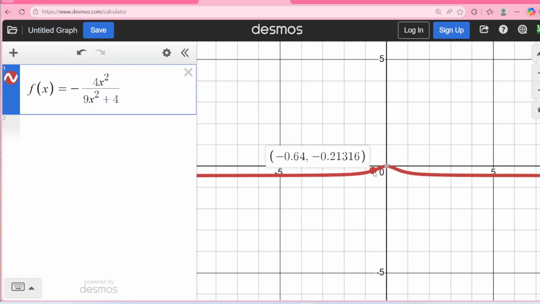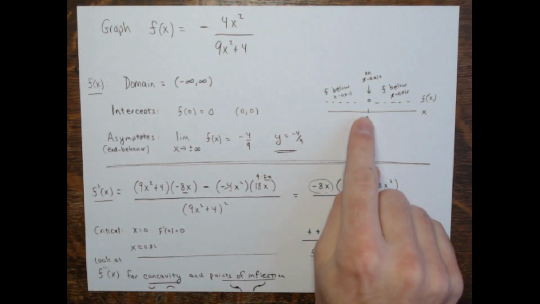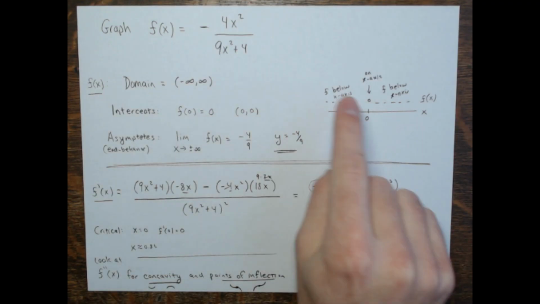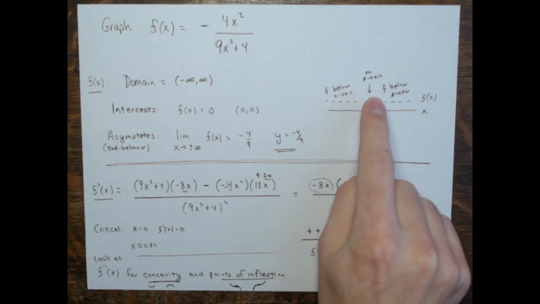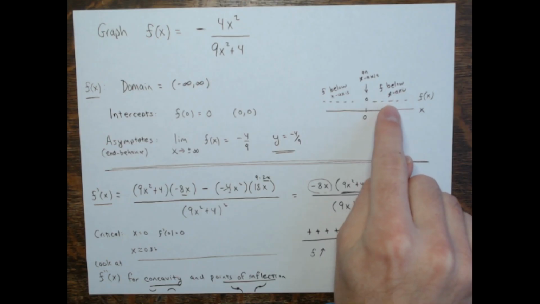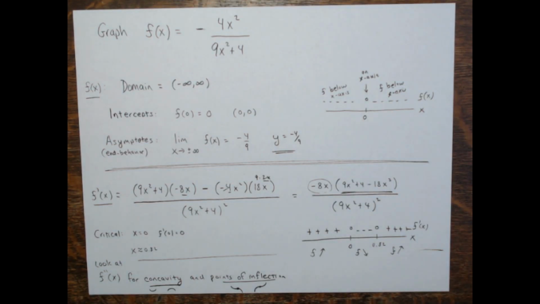So look, see, it's below the x-axis to the left, negative values to the left of 0. You've got the point 0, 0, and then negative values to the right. And that's exactly what I said here on the first level. And there's no vertical asymptotes, and it's on the x-axis at 0, below the x-axis to the left of 0, below the x-axis to the right of 0.